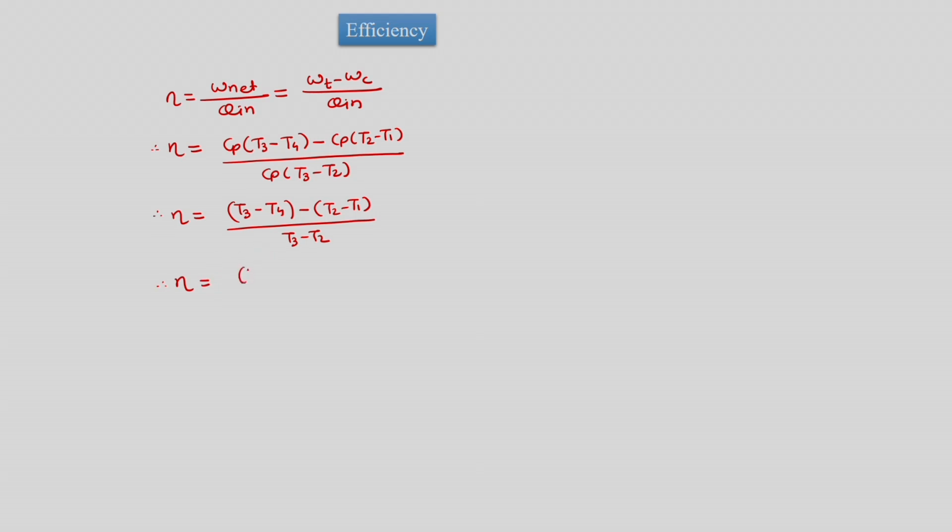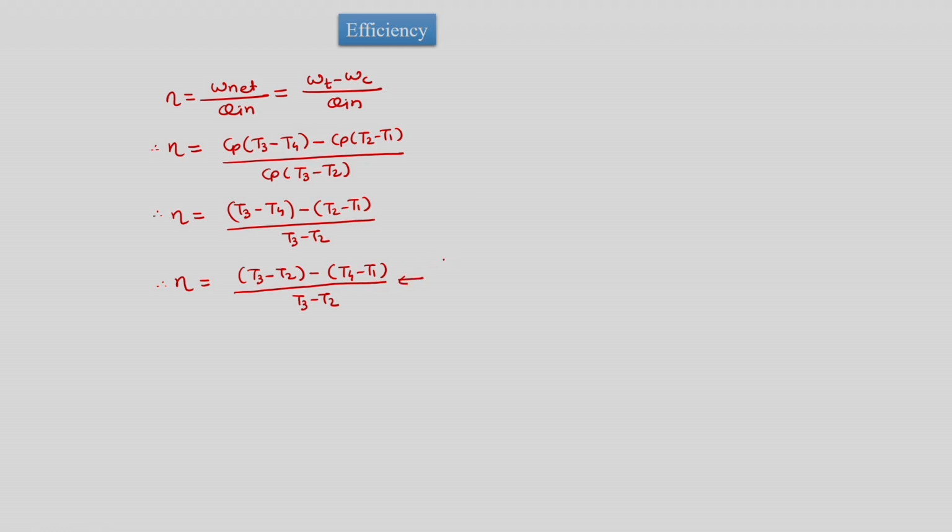Further we can rearrange the terms and we will have (T3 minus T2) minus (T4 minus T1) divided by (T3 minus T2).